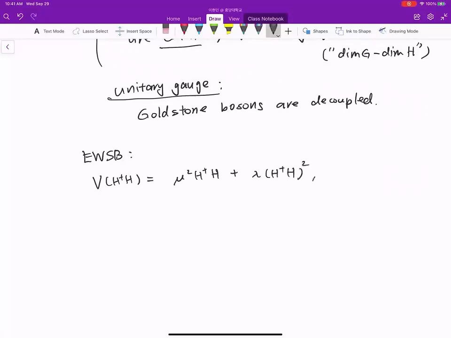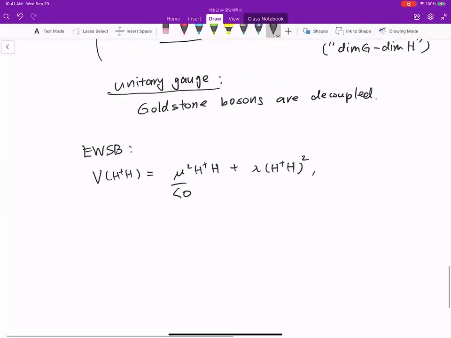It's a simple form. And the mass parameter, we take the mass parameter mu square to be negative. So we look for a non-zero vacuum expectation value.